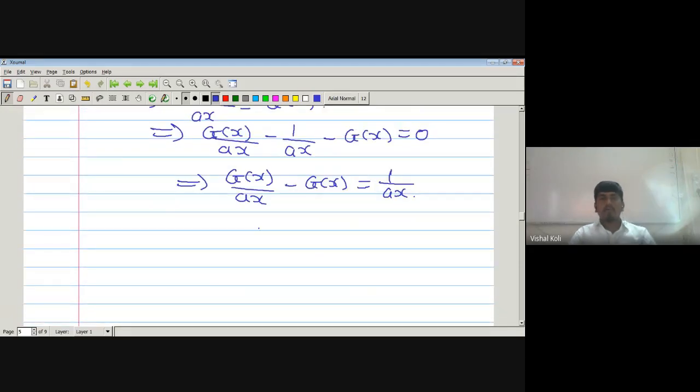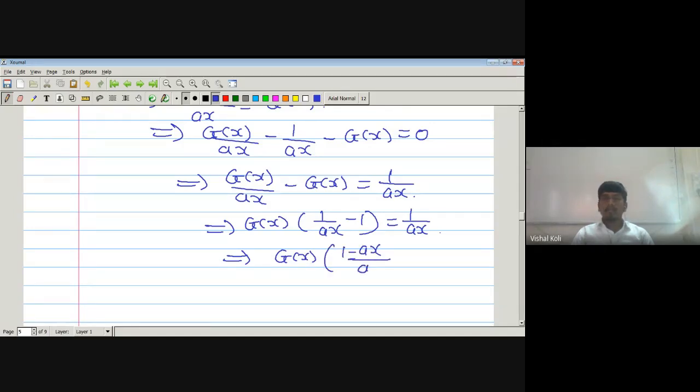Take g(x) common from these two terms, then we get g(x) into (1 upon ax minus 1), which is equal to 1 divided by ax. That is actually, this is nothing but g(x), and this is nothing but (1 minus ax) divided by ax, which is equal to 1 upon ax.